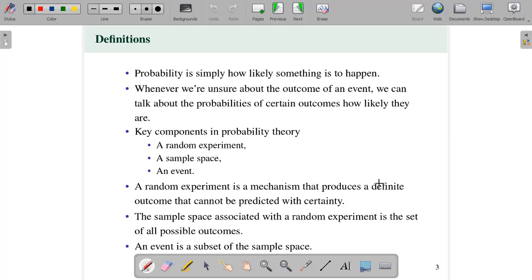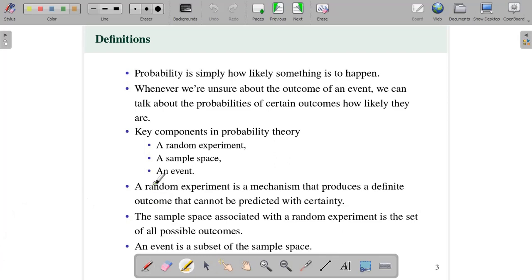And in order to do that, there are three fundamental concepts which you need to know first. The first one is what a random experiment or probability experiment is, as well as what a sample space is and what an event is.